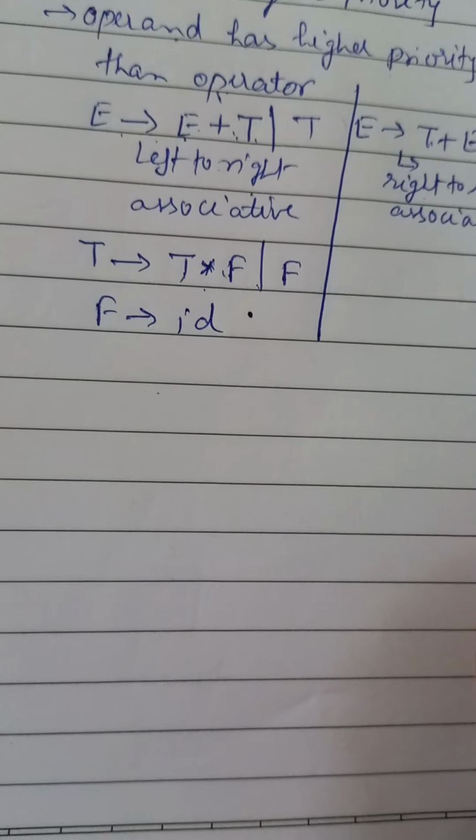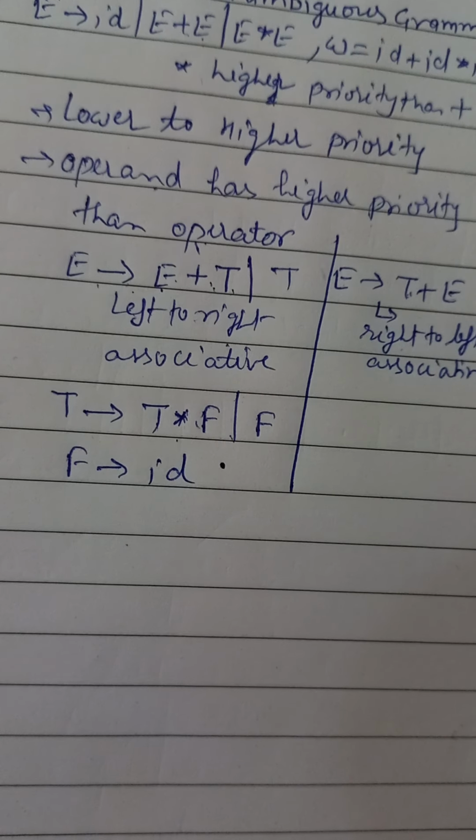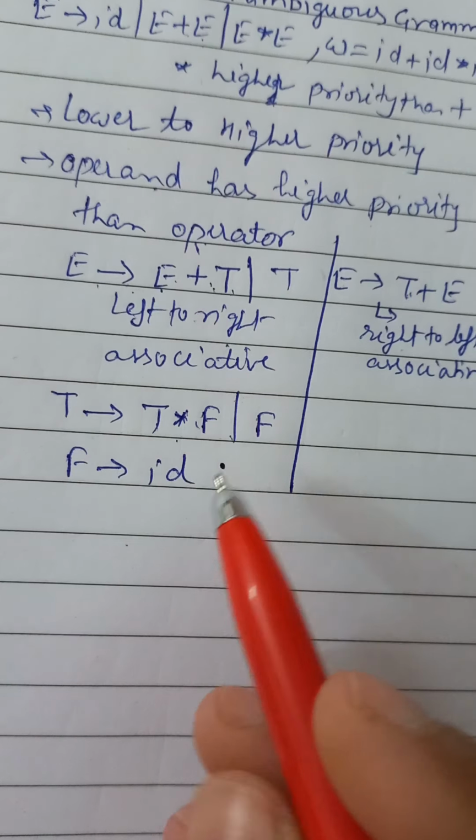So how are we going to check that this grammar is not ambiguous? Let's understand it.